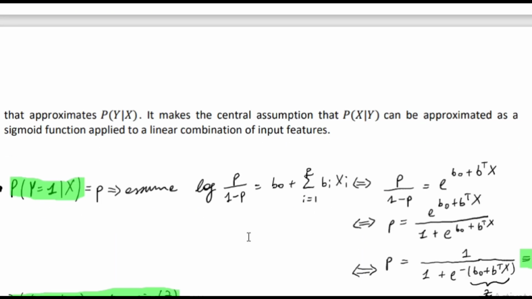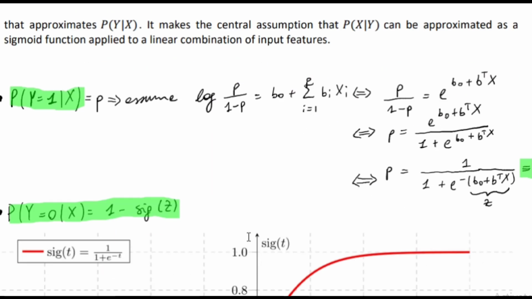Logistic regression is a classification algorithm that works by trying to learn a function that approximates the probability of y given x. It makes the central assumption that P(y|x) can be approximated as a sigmoid function applied to a linear combination of input features.